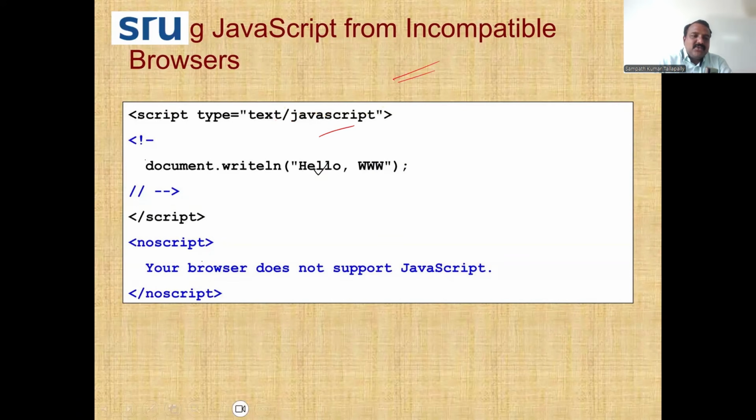We are going to say noscript here, and then we are going to have some instructions, and whatever instructions are there will be executed in the web browsers which are not compatible, in the very high-end versions or the very low-end versions where the standard is not going to work. So we are going to use these tags for their execution.